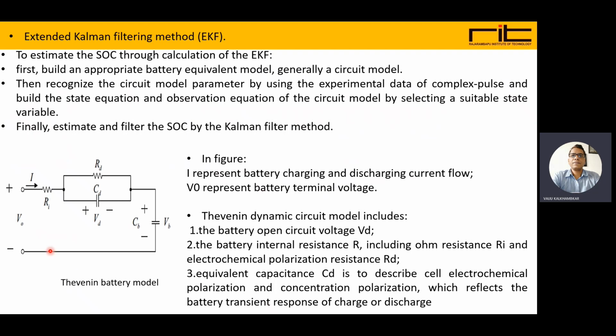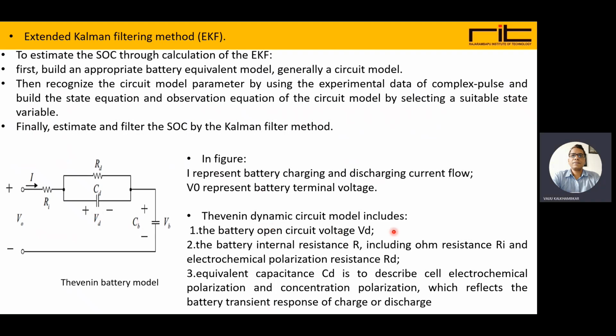So here Thevenin's battery model is shown, where I represents the charging and discharging current, V0 represents the battery terminal voltage, VB the battery voltage, and R and D are the equivalent branches of the battery.